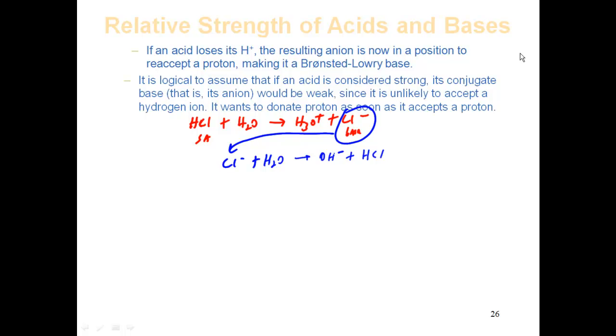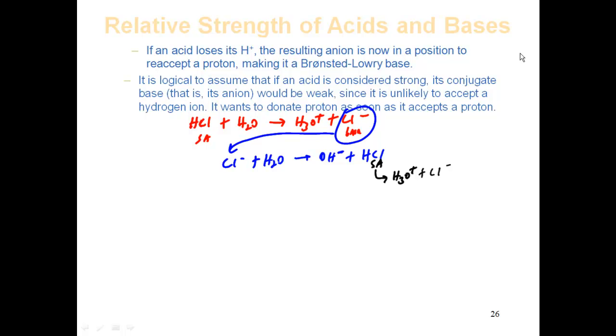But let's analyze now where we stand at this point. HCl is a strong acid. What happens to a strong acid? It breaks up into hydronium ions plus Cl minus.